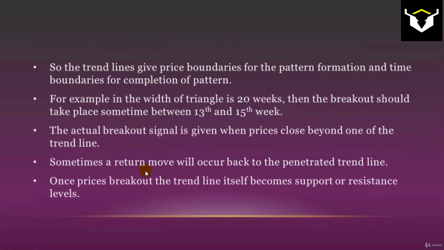So the trend lines give price boundaries for the pattern formation and time boundaries for completion of the pattern. For example, if the triangle covers a period of 20 weeks, then the breakout should take place somewhere between the 13th and 15th week. For the setup to be a valid triangle, the breakout must take place somewhere between the 13th and 15th week.